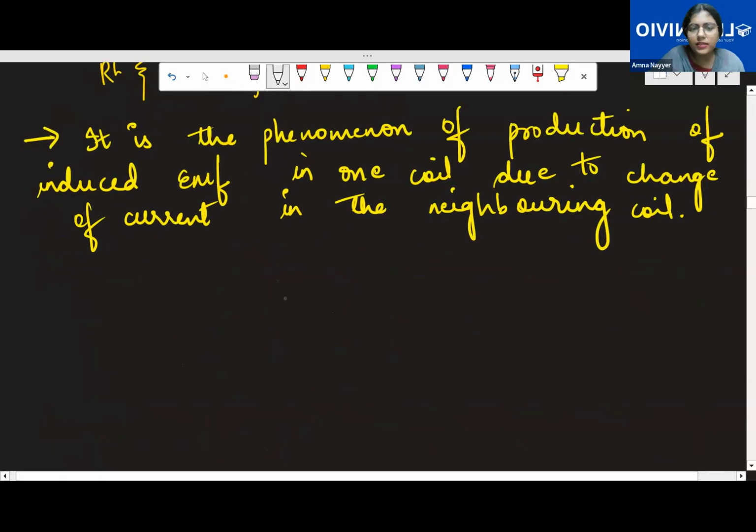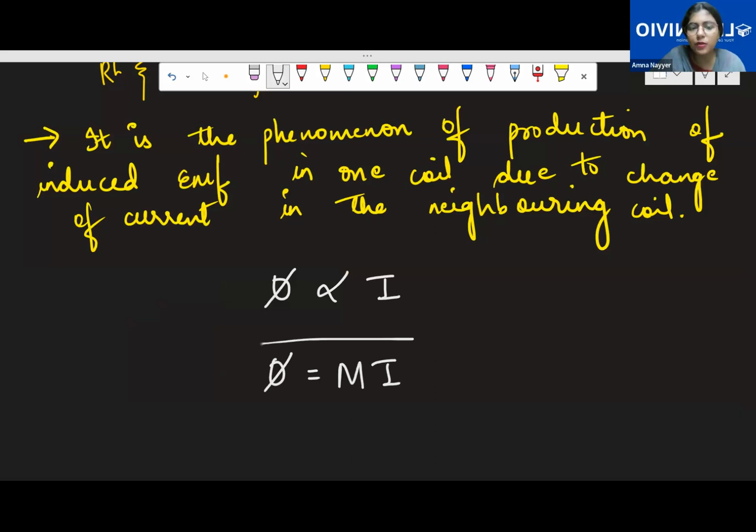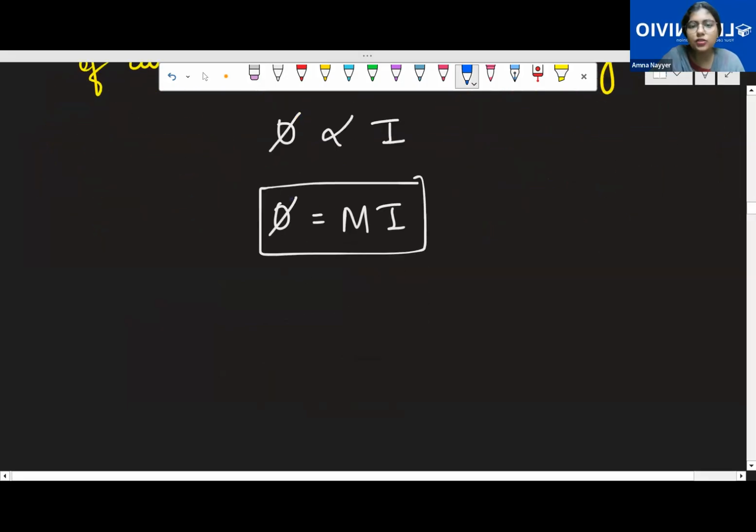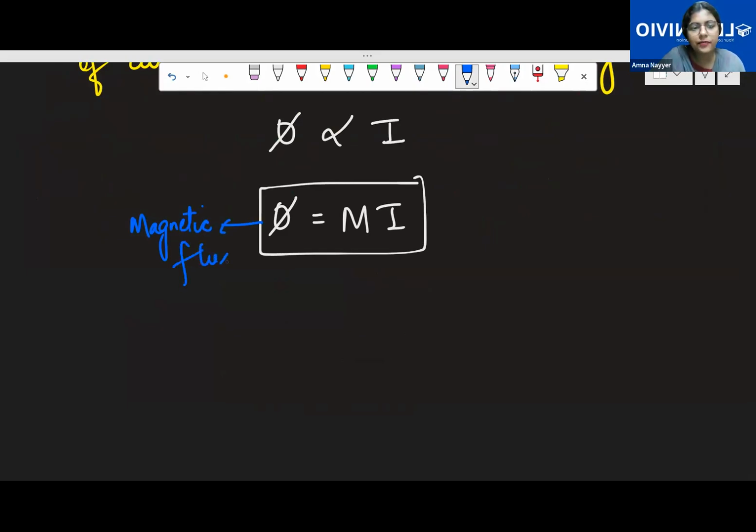Now, similarly, here also flux is directly proportional to current, but since we are talking about mutual induction, the coefficients will be different. So we can say flux, we already know it is the magnetic flux which we are referring to. This is magnetic flux. I is the current. Now, similarly, this is the coefficient of mutual induction.